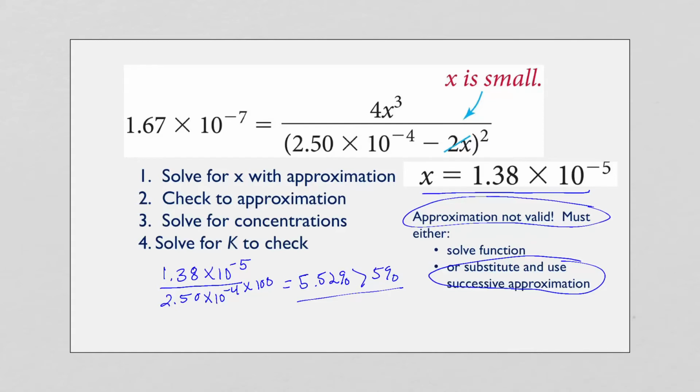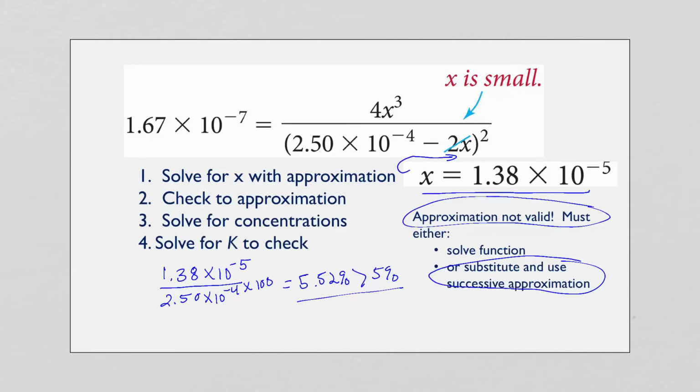Now, the way we go about doing that is you take your value for x, and instead of assuming now that x is 0, we're going to take this approximated value of x and plug it in for x. And we're going to see what we get for x now. Right? So we're going to plug it in for this x. So instead of making this change 0, we're going to apply our approximated x there.